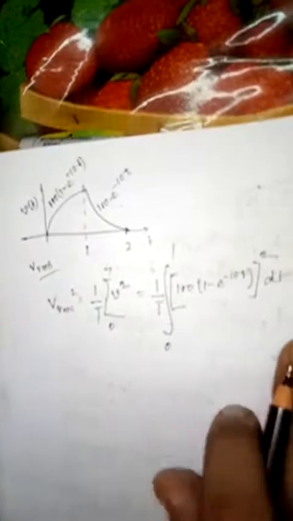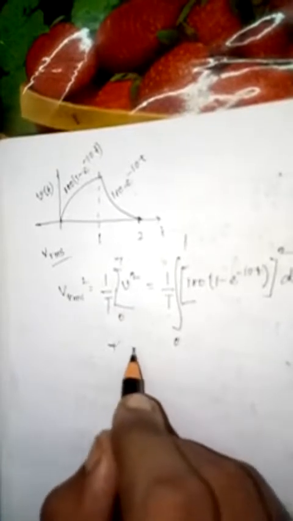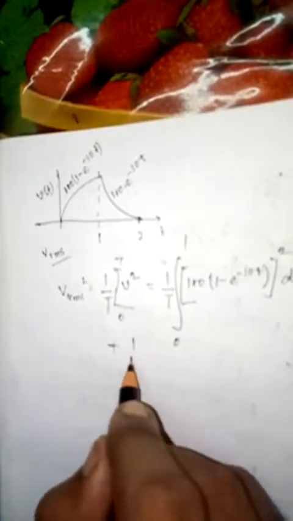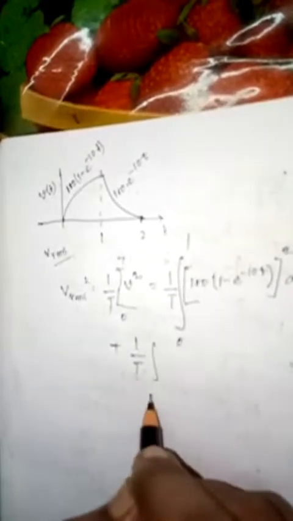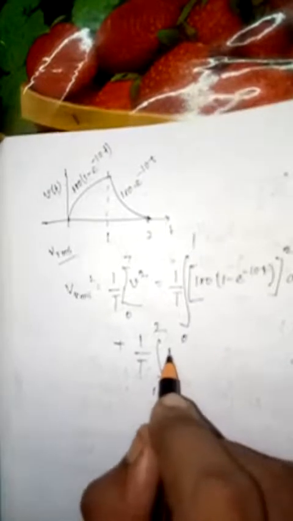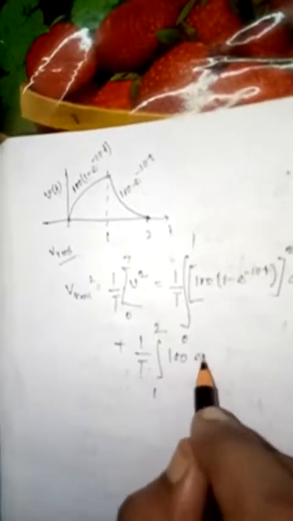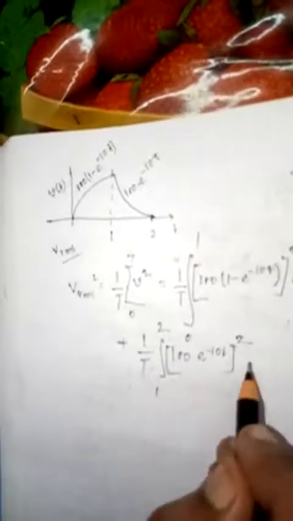You can see it, plus you can write it as 1 by T, integration from 1 to 2 seconds, of 100 e to the power minus 10t, whole square into dt.